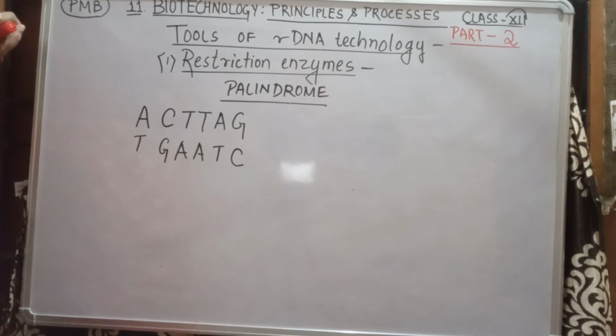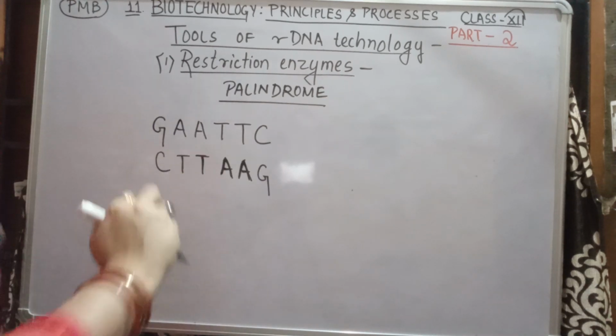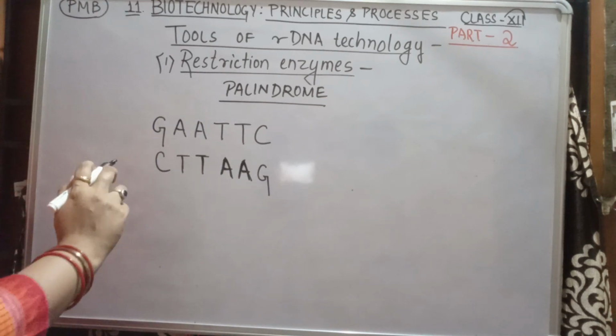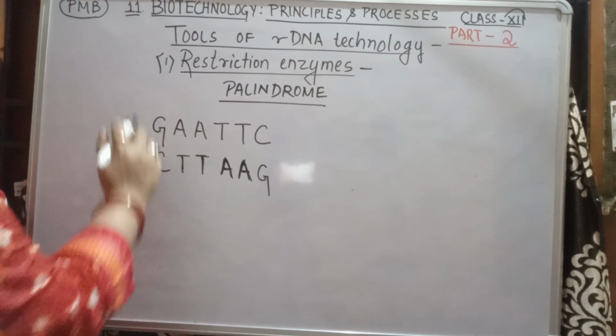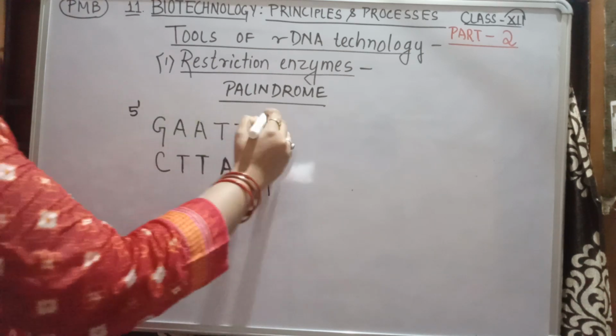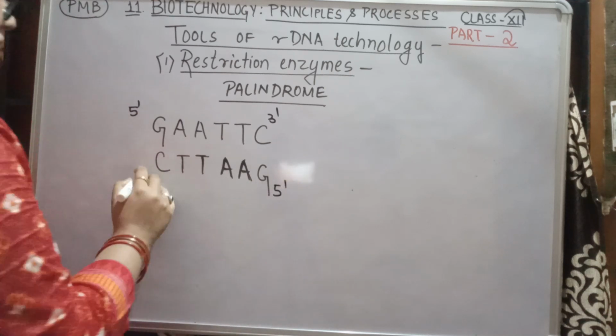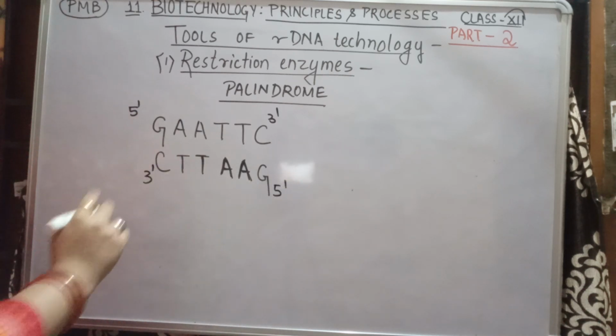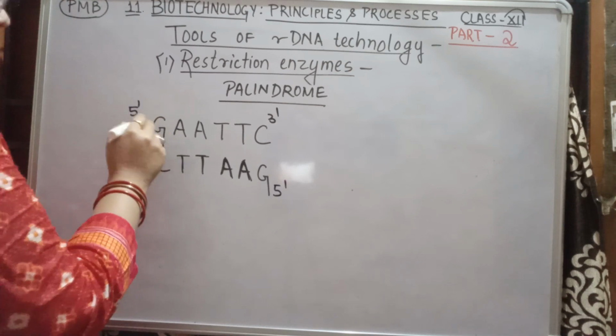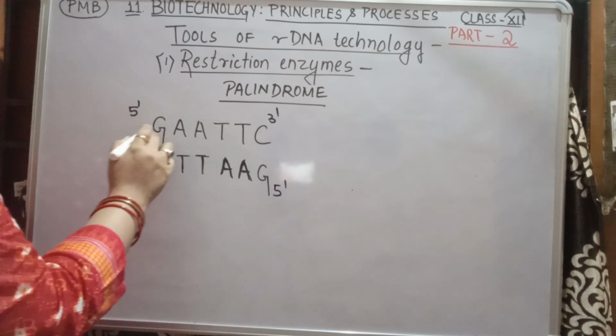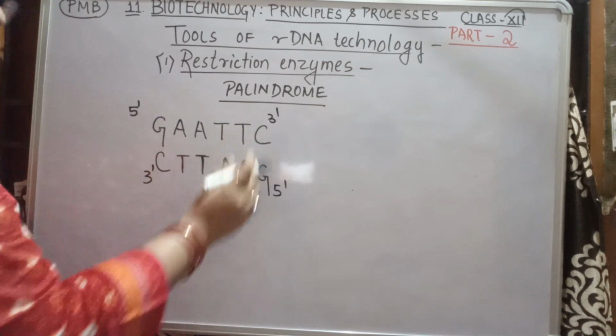We have taken a DNA strand. This is 5 prime to 3 prime and this is 5 prime to 3 prime. When we read the sequence from the 5 prime to 3 prime end, it gives GAATTC.